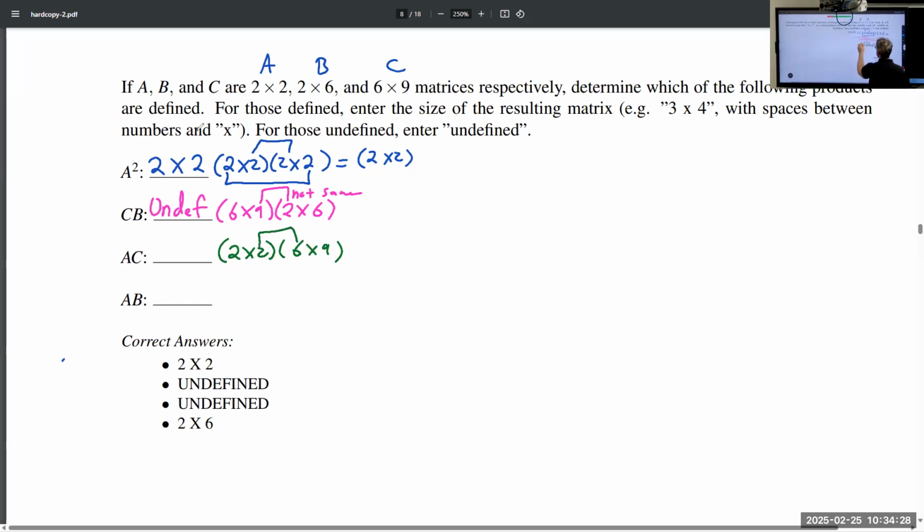Also, inner dimensions not the same. AB. 2 by 2, 2 by 6. Those are the same, so it's going to output the outer dimensions, 2 by 6.